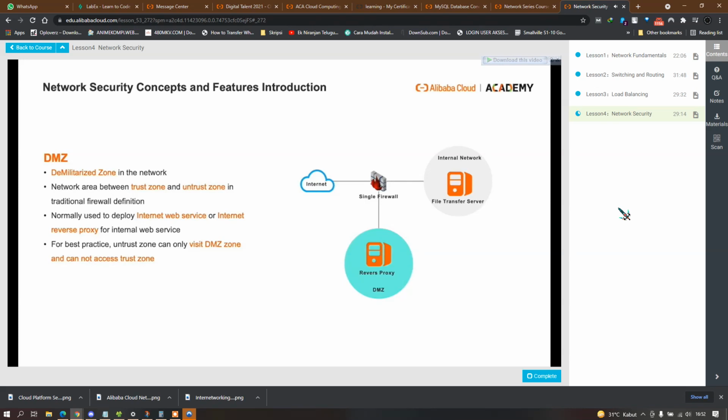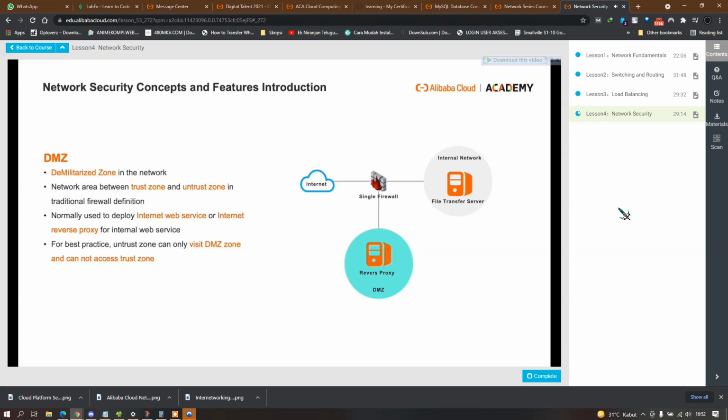So the question is how can we use the DMZ? Normally the DMZ is used to deploy internet web services or an internet reverse proxy for internal web services.